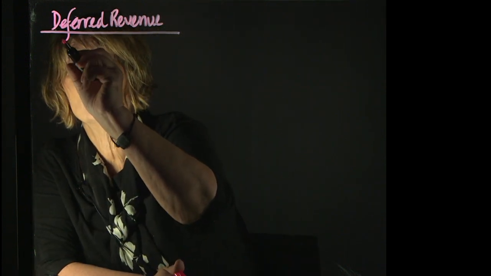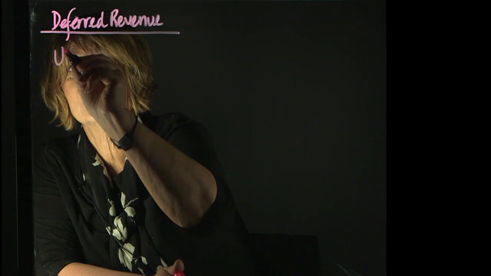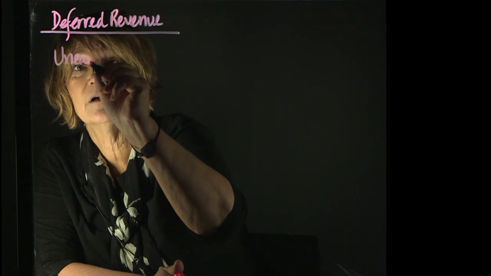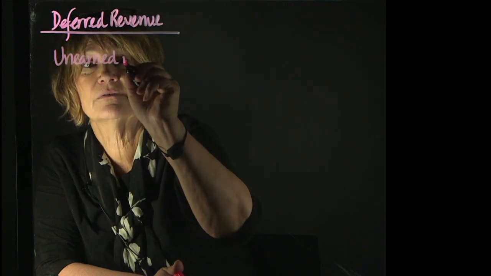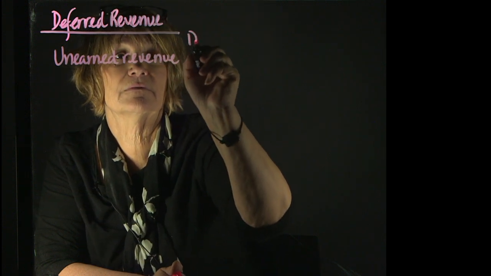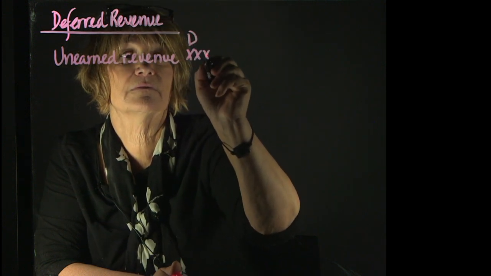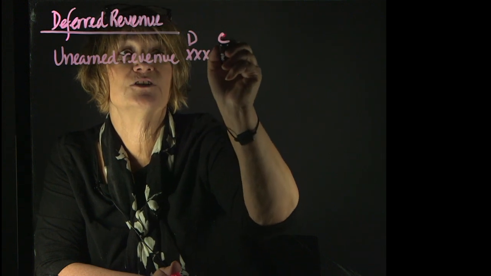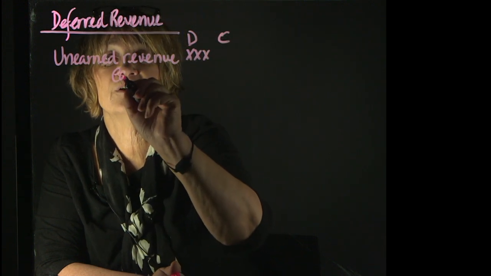So at some point, we have to recognize that revenue that you've put as a liability because we've earned it. And so that particular journal entry will always look like this. You will debit unearned revenue, and you'll credit earned revenue.